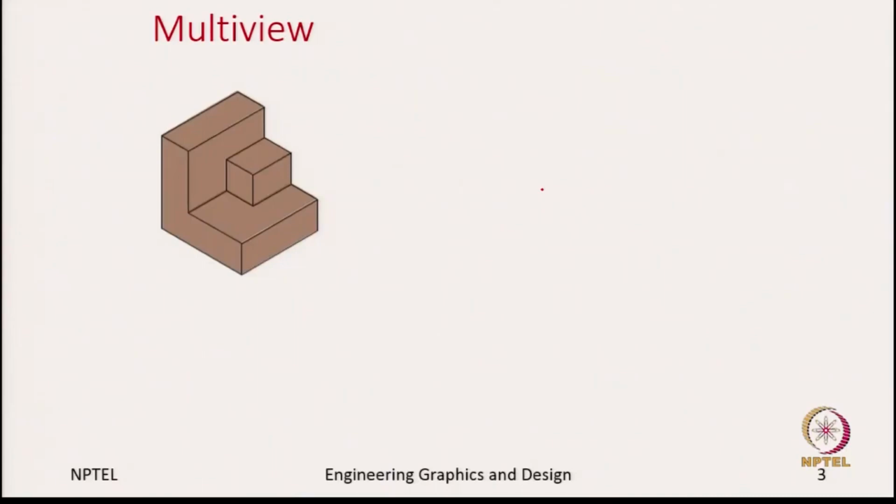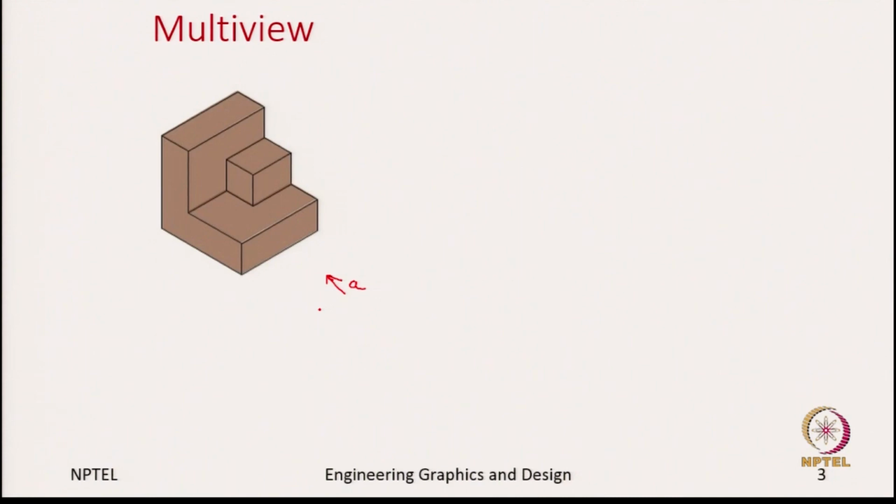So, let us say we have an object like this. I will draw arrows to say that this is the direction the observer is looking at this object. Let us say I will name this direction as A. Since we are working with 3D coordinate systems, you can say there are 6 different directions from which you can look at this object.